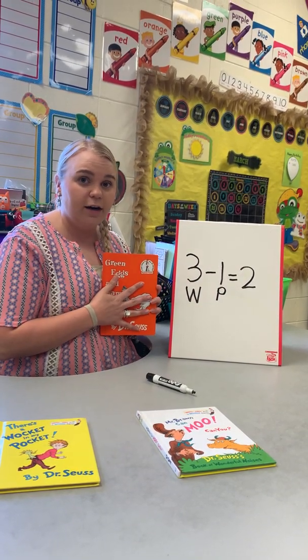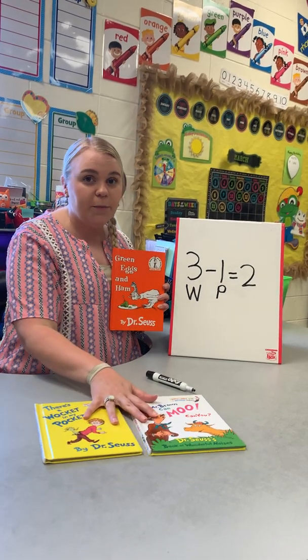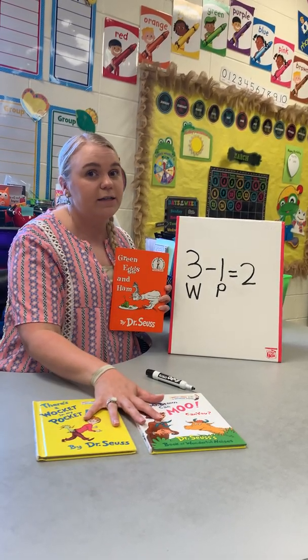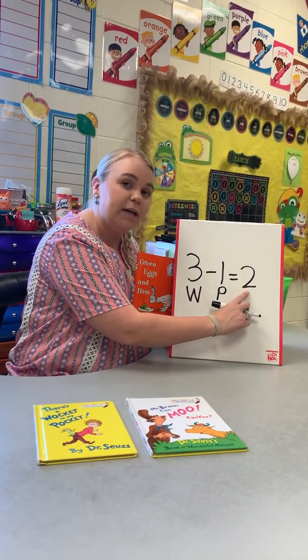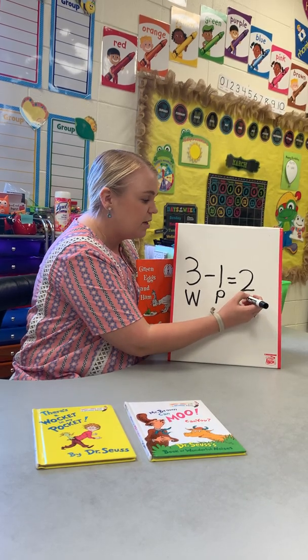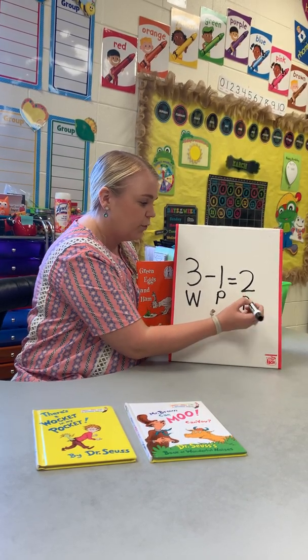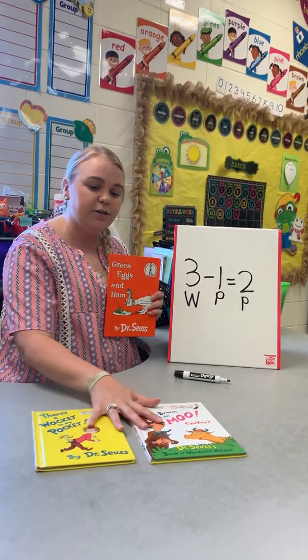Here's one part. This is the part I took away. Here's another part. This is a part that is left over. 2. That tells me how many books I had that are left over. So I'm going to write a P for part. Here's a part and here's a part.